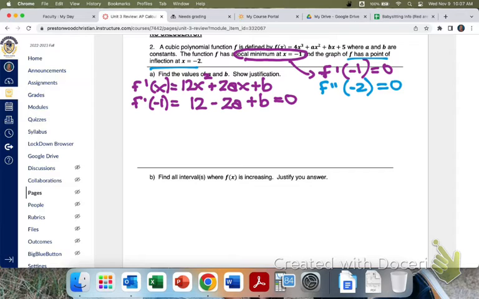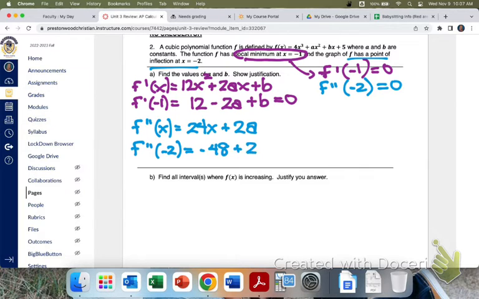Then I'm going to do the exact same thing with the second derivative. The second derivative is going to be 24x plus 2a. From our given information, the second derivative at -2 is equal to 0, so that's -48 plus 2a equals 0.